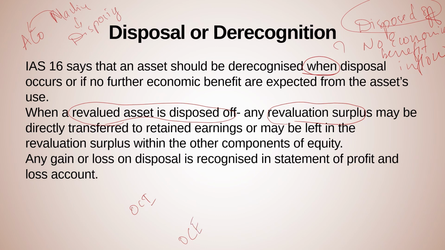When the revalued asset is disposed of, the surplus which is recognized under OCI and OCE will either be directly transferred to retained earnings, or it will be left in the revaluation surplus within the other components of equity.